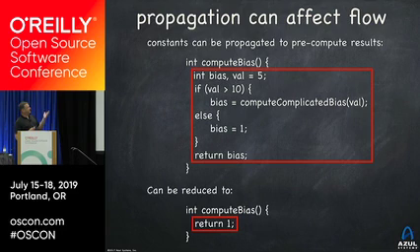So since the value is 5, the beginning part of that if is never going to happen. It's always going to do the second one. Since I know that the bias is 1, that's what I return. That function is return 1. It's fully optimized. That's basically taking the value 5, propagating it across the code for flow control and doing the other kind of dead code removal and propagation that we talked about before.